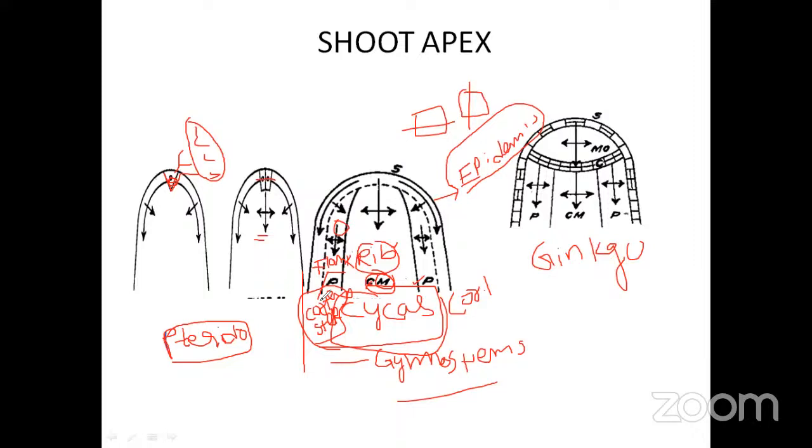Next one, ginkgo type. In this type, there are five meristematic zones. First one, the surface meristem, no changes, like cycas. Second one, the central mother cell.